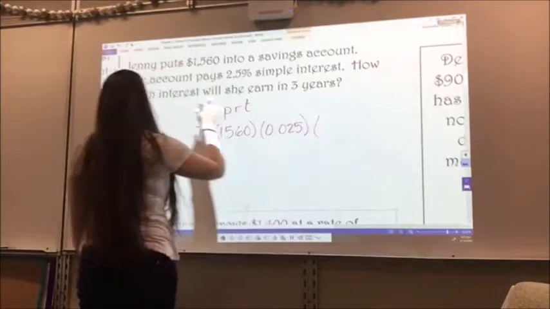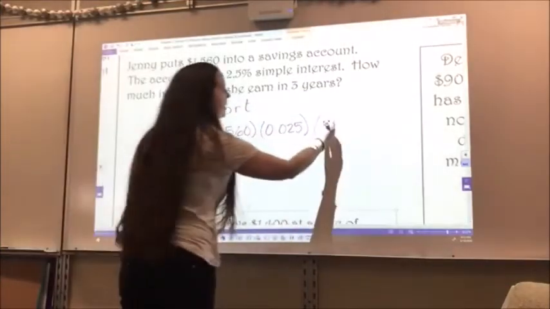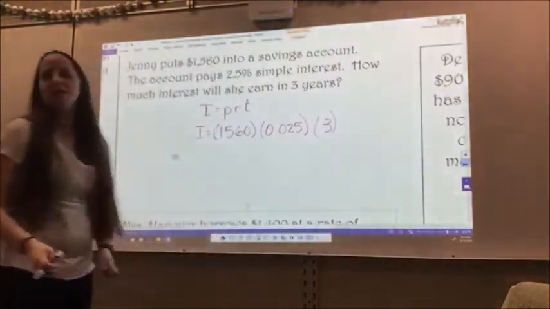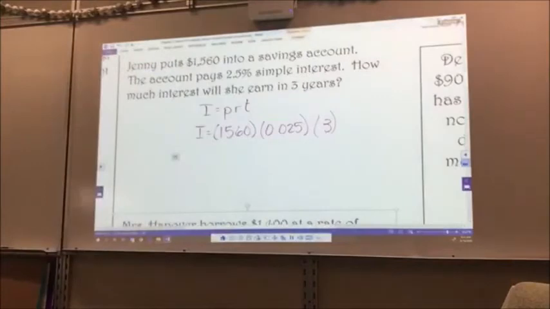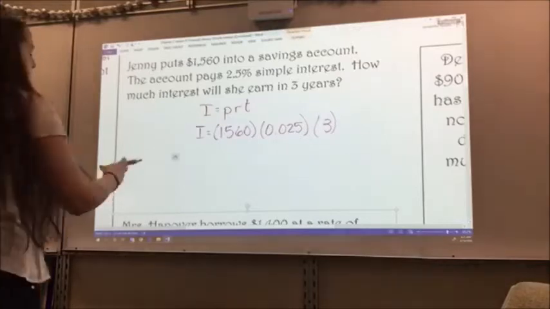And then time, she wants 3 years. I don't have to do anything else with that. So then I'm going to multiply these together. So when I multiply them together, 1,560 times 0.025 times 3 gives me 117.